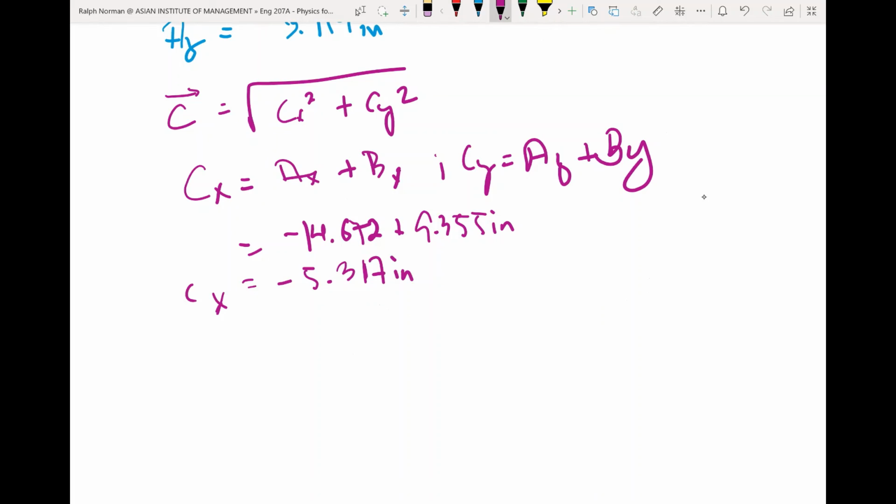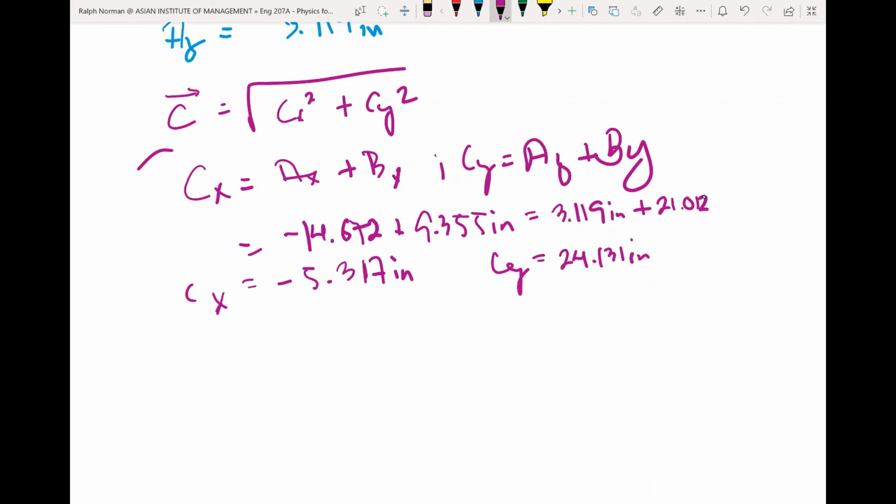Your X component, resultant C natin, is negative. CY naman, that would be what? 3.119 inch plus 21.012. That will be 24.131 inch.